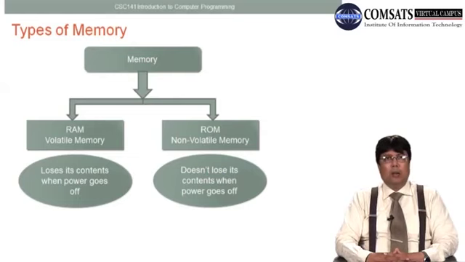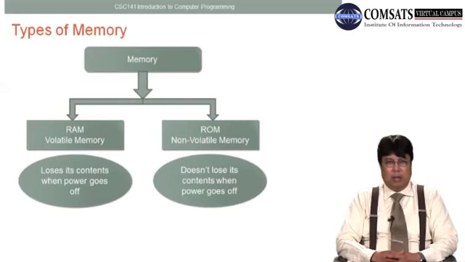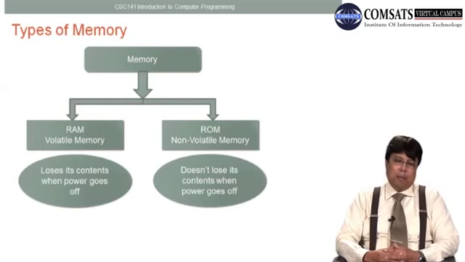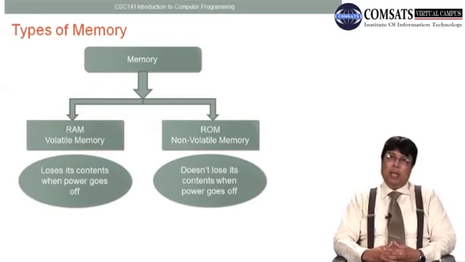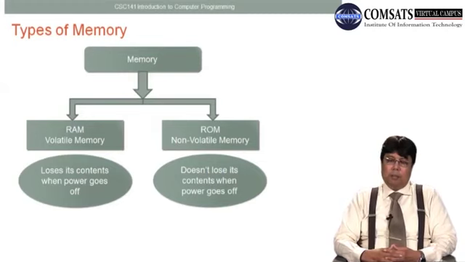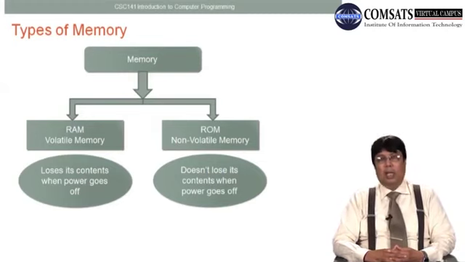So basically we make an apple to apple comparison. When we say dynamic RAM or DRAM, its apple to apple comparison is with the static RAM. The static RAM is used in the cache memory. I'll explain what cache memory is in a few minutes. It is faster than the dynamic RAM, and the data does not require to be refreshed.